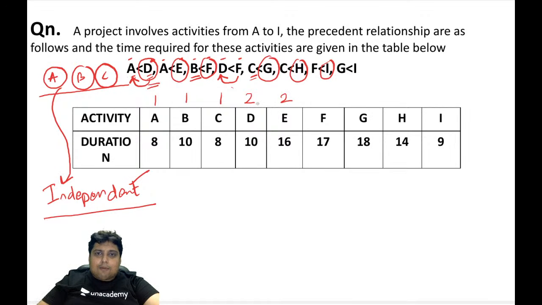We don't know anything about D and E, my friends. There has been nothing said that activity E should be after D. If it is after D, then it will be 3. But if it is not mentioned here, we only know that activity E is after activity A and A is 1, then E is definitely 2.